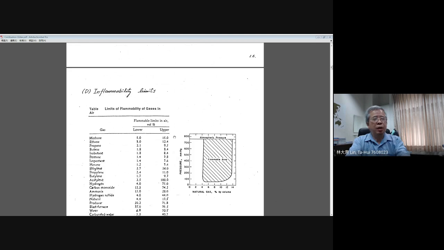The typical observation you can find in our previous experiment is that when you reduce your methane concentration from 100% to 20%, you will find there is a double flame, right? Inside of your jet, there is the so-called rich premixed flame.